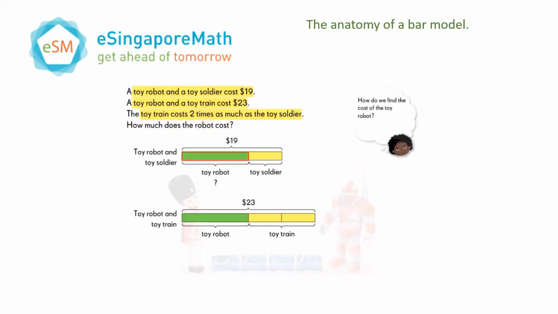To find the cost of the toy robot, we subtract this from this. We get $4.